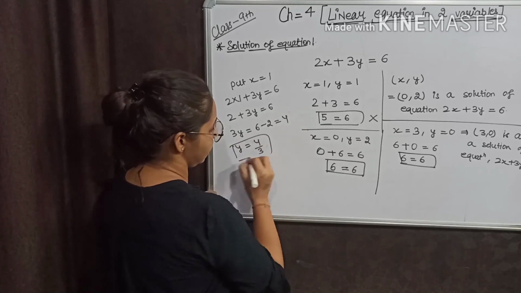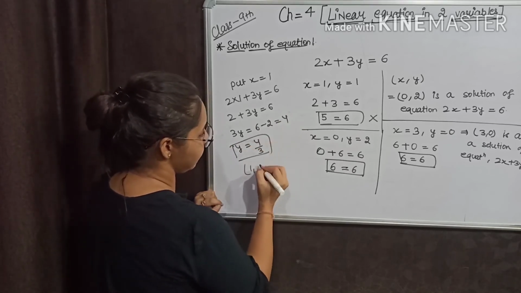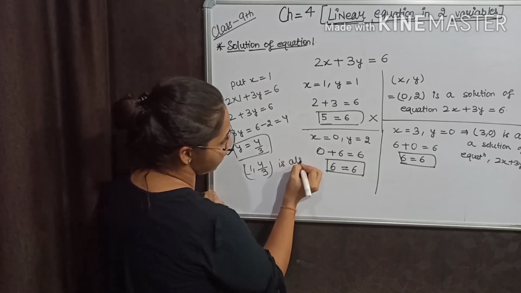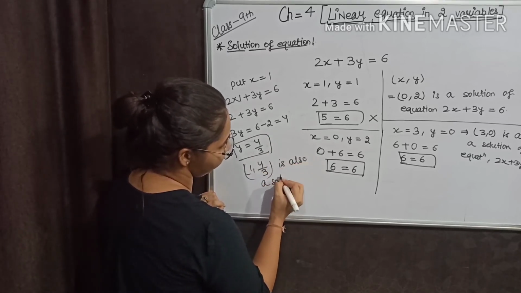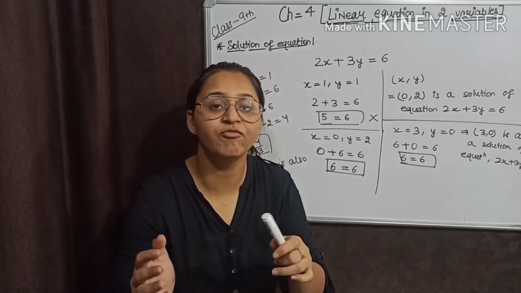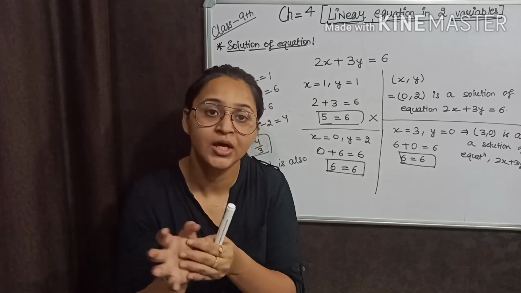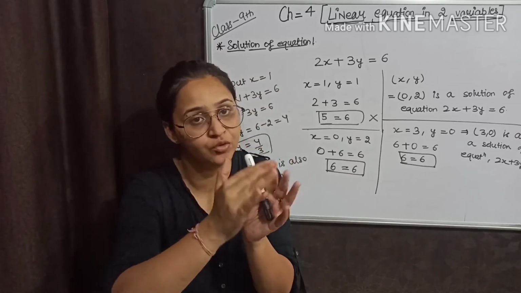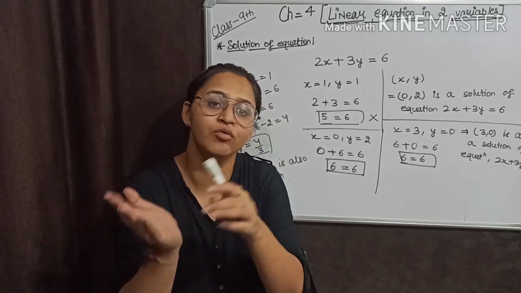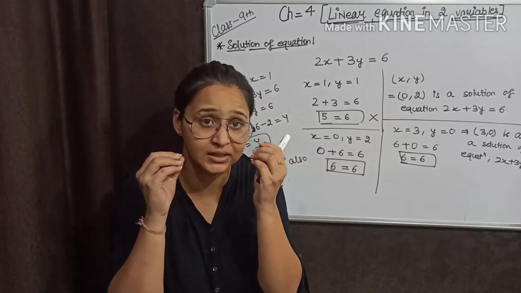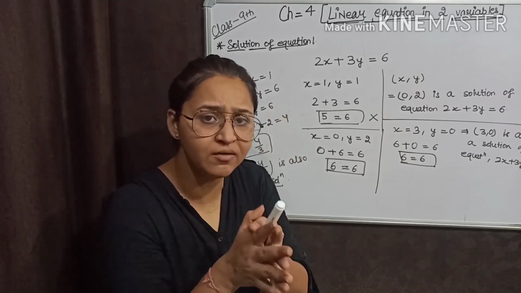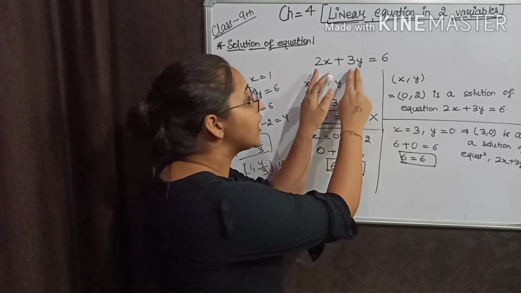So see here, x is equal to 1 and y is equal to 4 by 3 is also a solution of the above equation. So in this manner, you can find many more solutions. If you put x is equal to 2, then you will get the corresponding value for y. If you put y is equal to 2, then you will get the corresponding value for x. And in this manner, you can find so many values of x and y that will satisfy this equation.